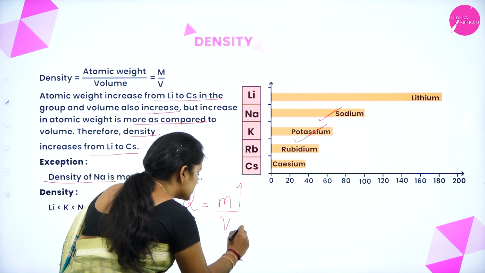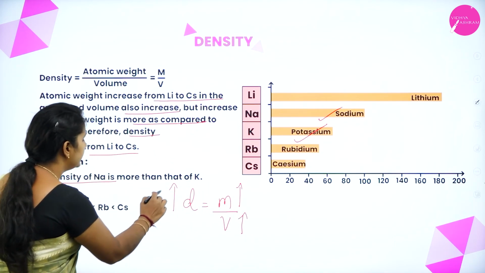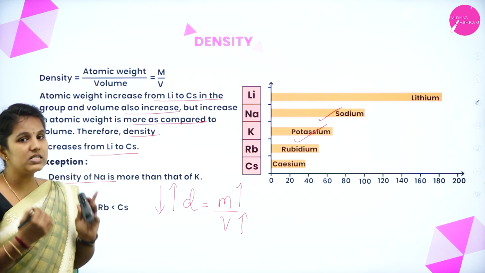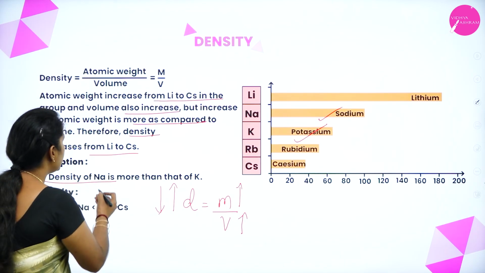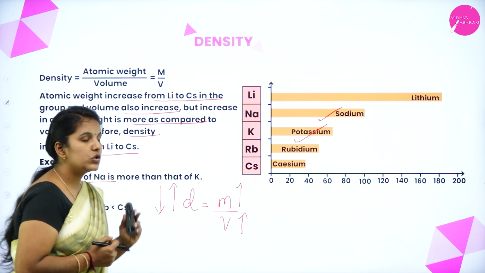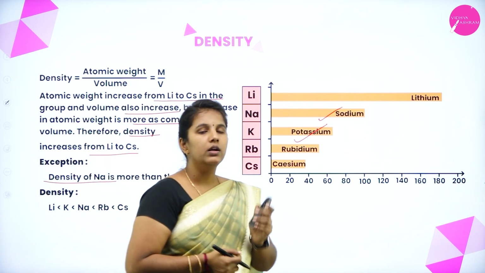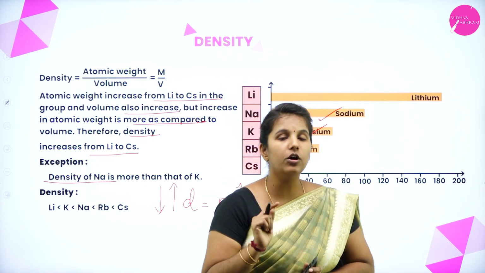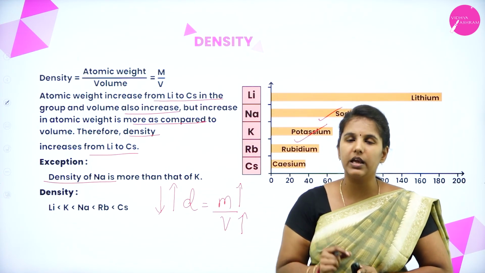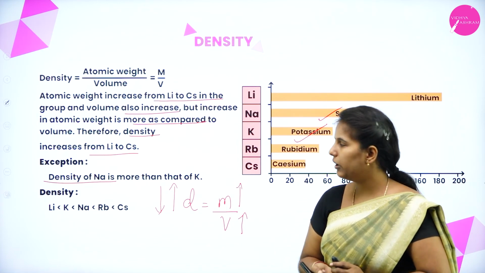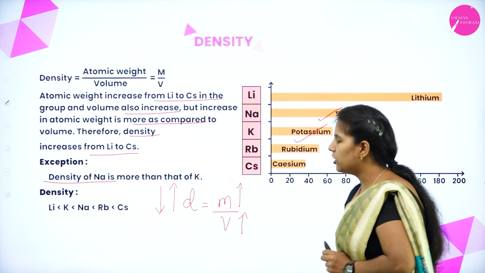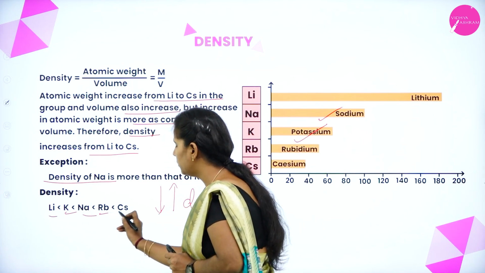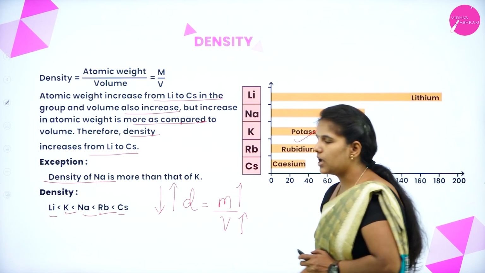As the volume increases, remember the density decreases. This is the reason that when we compare sodium with potassium, sodium has a higher density, even though potassium has a greater atomic mass. And we have an order of density: lithium, potassium, sodium, rubidium and cesium, which comes in this order.